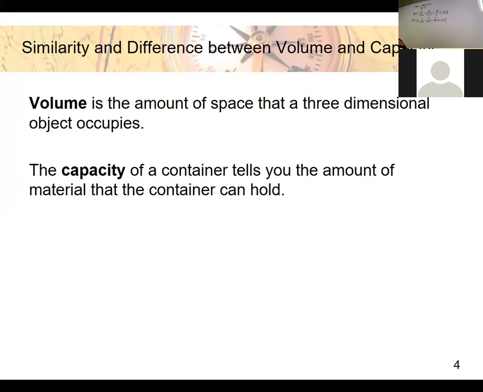Now, capacity. Sometimes we're dealing with liquids, or things like sand or sugar. When it's put in a container, that's the amount of that material that the container can hold. That's what we call capacity. Okay, so that's the difference between those two.